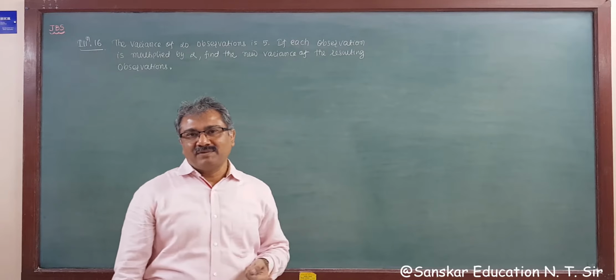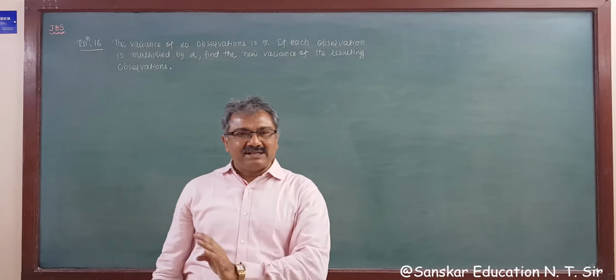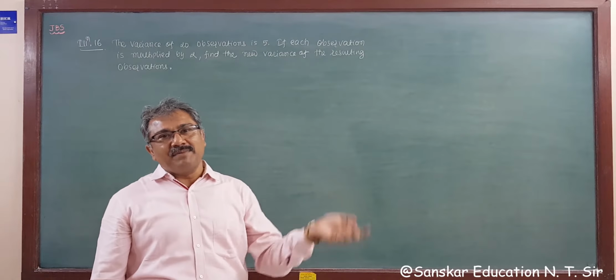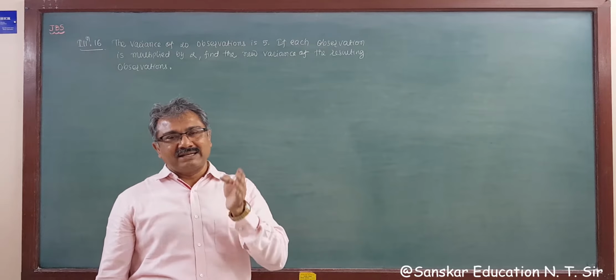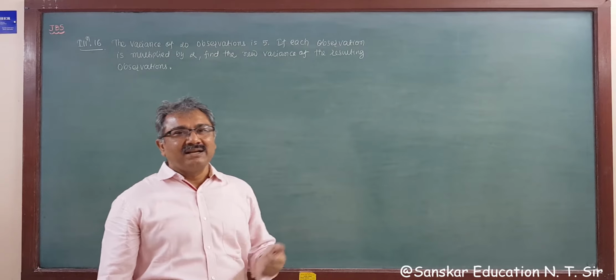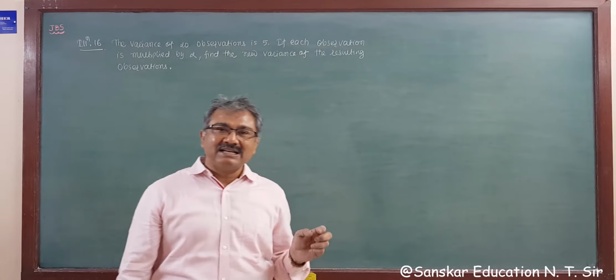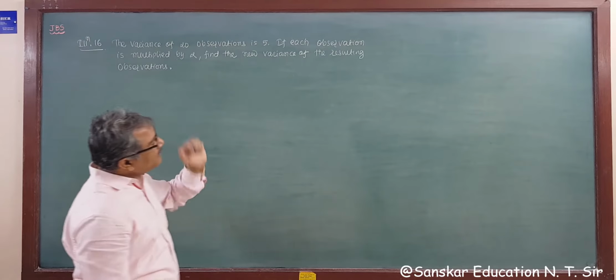Then we learned that if each and every observation is multiplied by any non-zero constant k, the mean is k times the old one and the variance is k square times the old variance. So now what is given here?